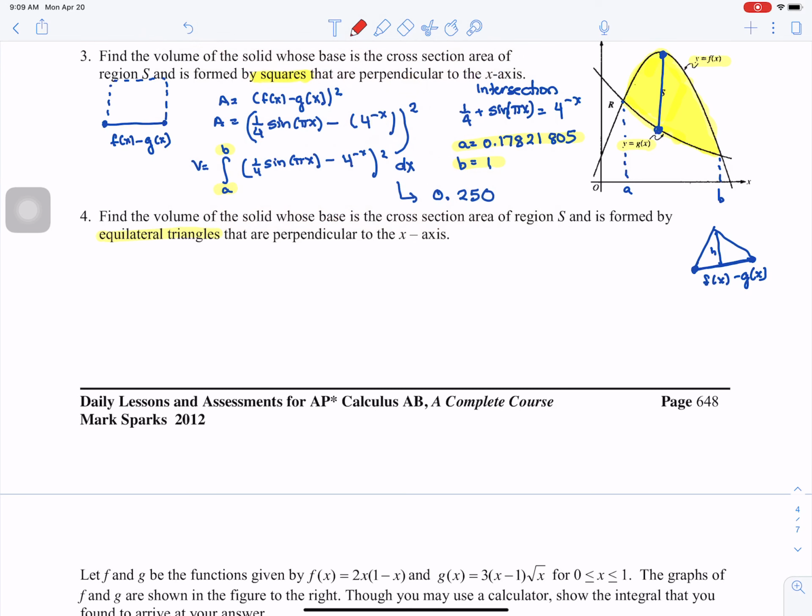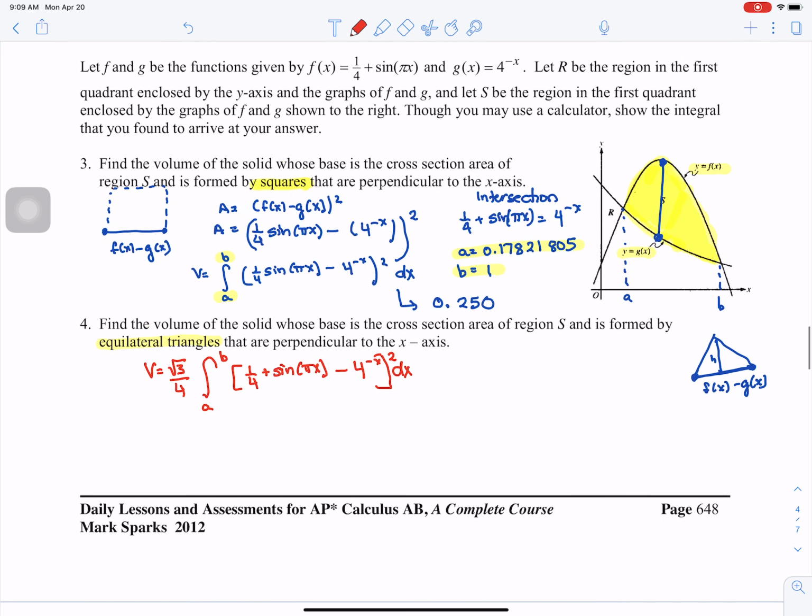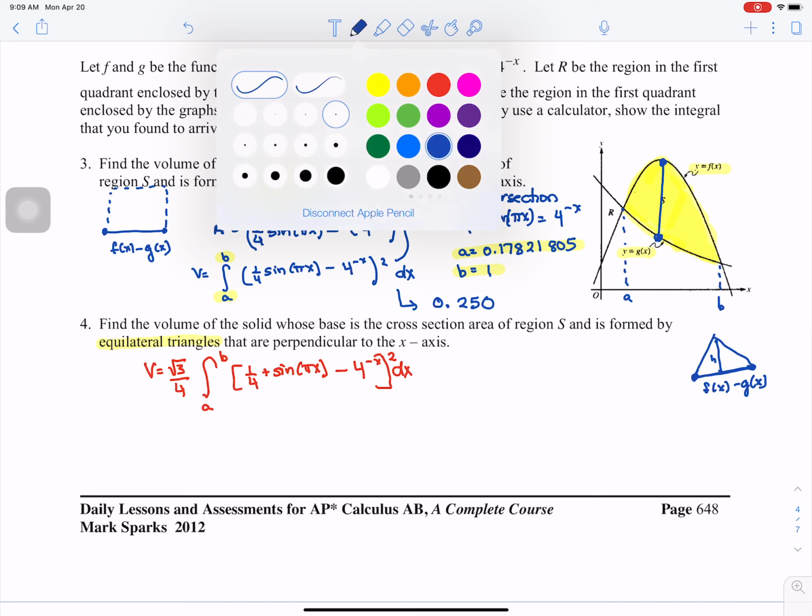So my volume would be root 3/4, the integral from A to B, f of x minus g of x, so 1/4 plus sine pi x minus 4 to the negative x, squared, and integrate with respect to x. I can see I've made a slight careless error.